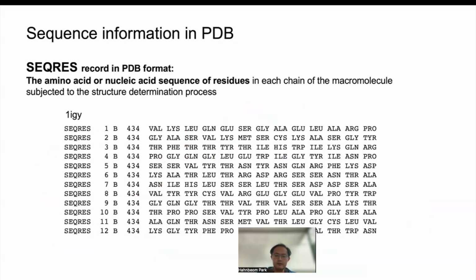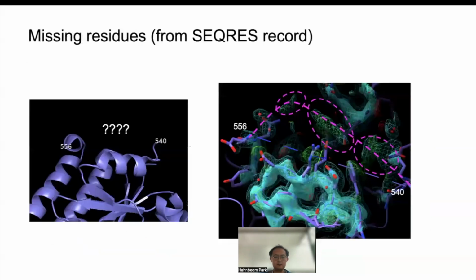The second piece of information you can get from PDB is the sequence that was actually used to determine the protein structure. Often this is identical to the actual protein sequence, but sometimes it is not. So you have to be careful looking at this. There are also some residues that appear in the sequence record but not in the PDB structure.